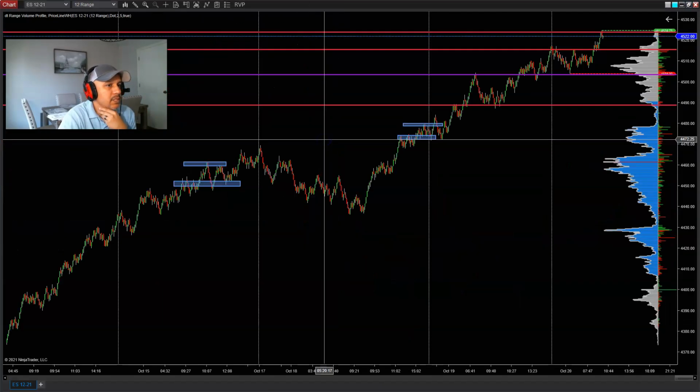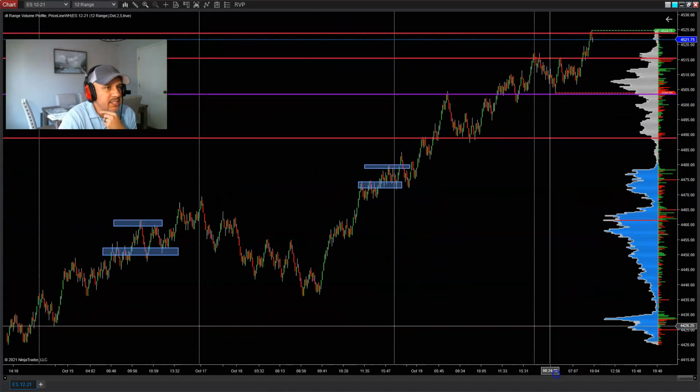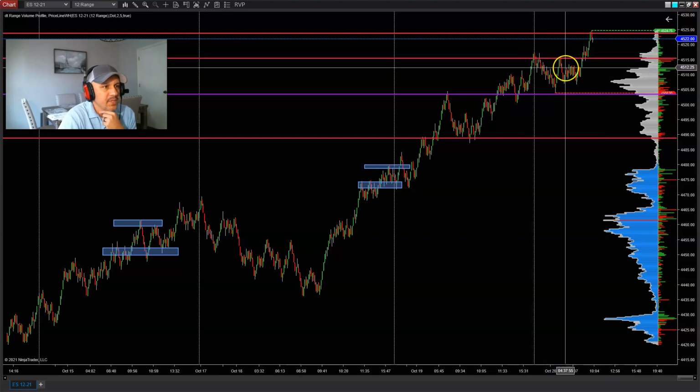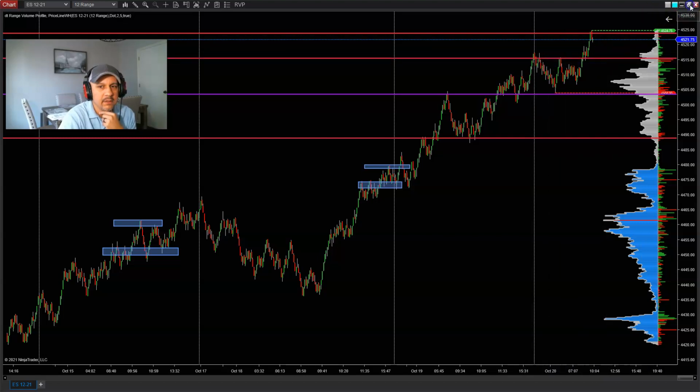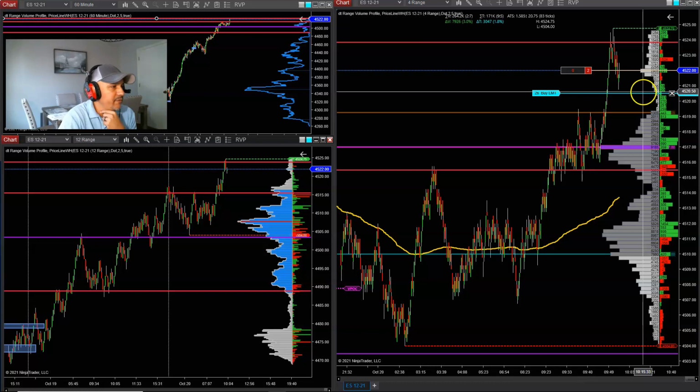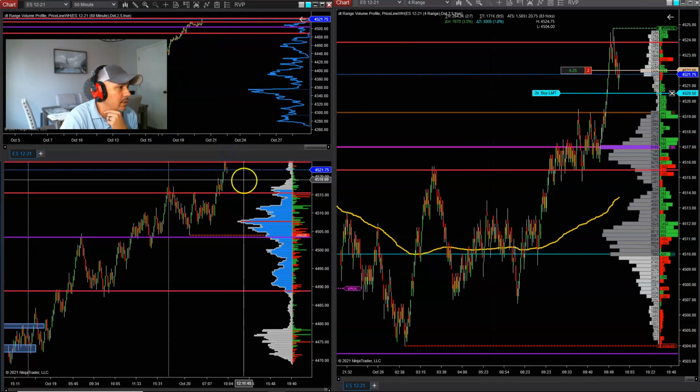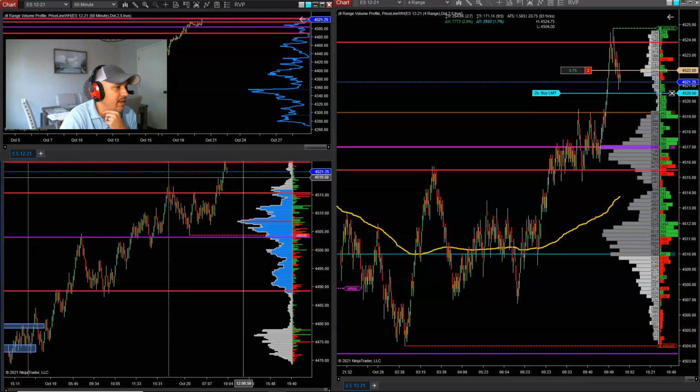Okay. So let's see. I need to see if this is an area because we are at the lower end of this high volume area here. If this is a level sitting right here, I need to take a look and see, because it possibly could be. I want to see if we're going to get filled here. Okay, what is this? 19.5. Okay. Come on.